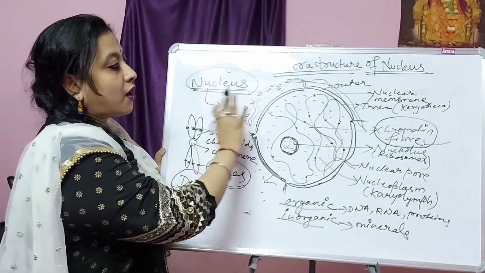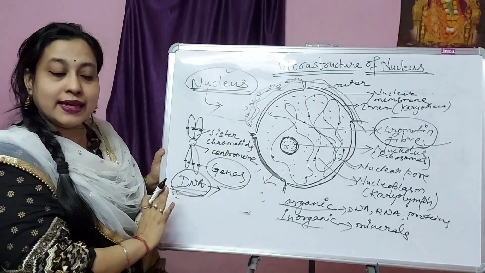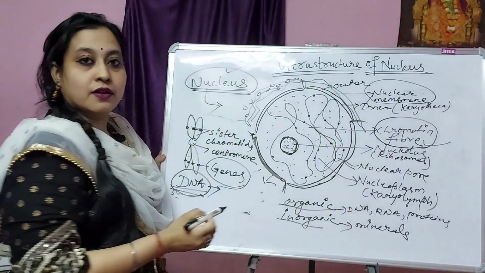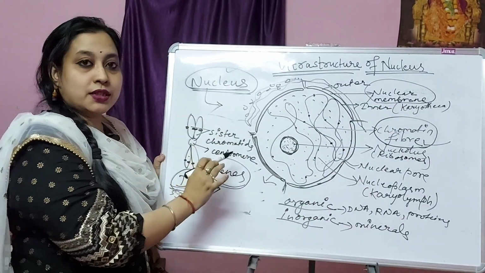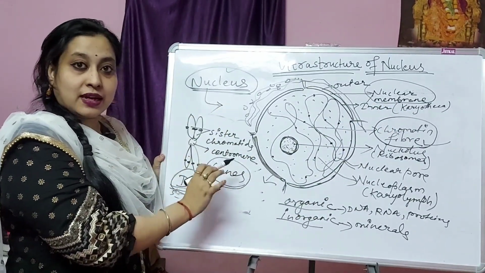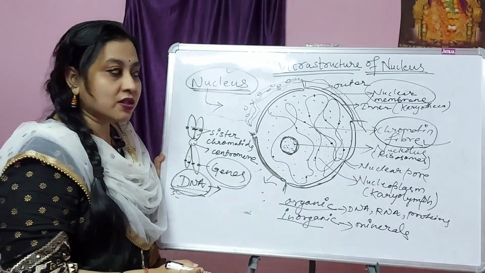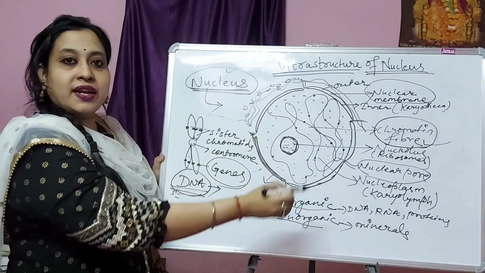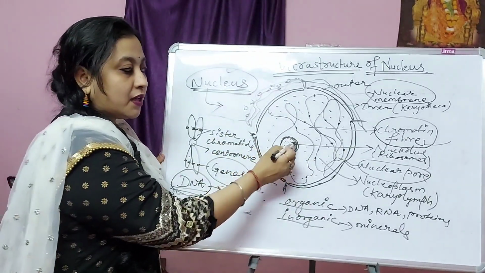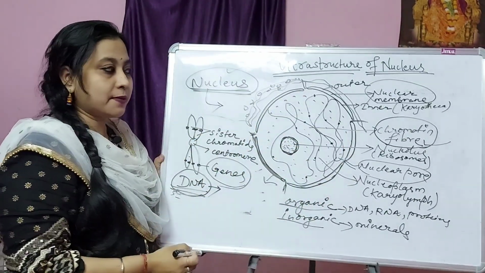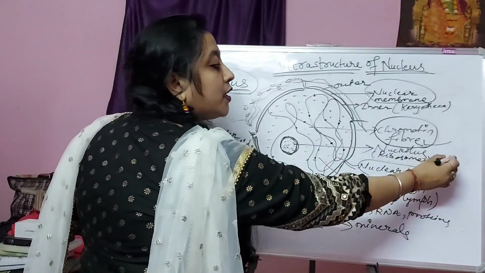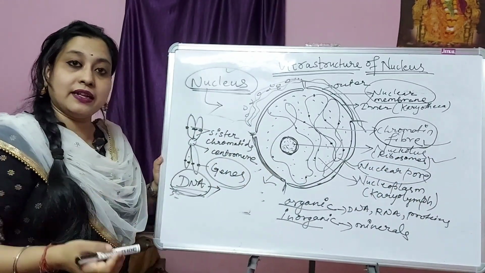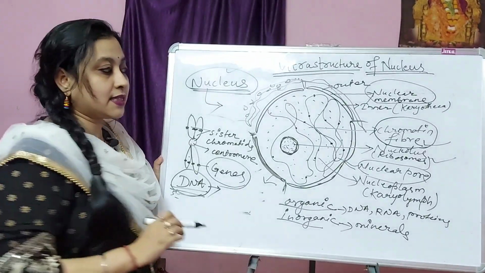So this is the overall structure of nucleus. The first part is the nuclear membrane, which provides protection and separates the nuclear content from the outer environment. Then the nuclear pore, which regulates the exchange of material from nucleus to cytoplasm. Then the nucleolus, where ribosome synthesis takes place and ultimately they take part in protein synthesis.